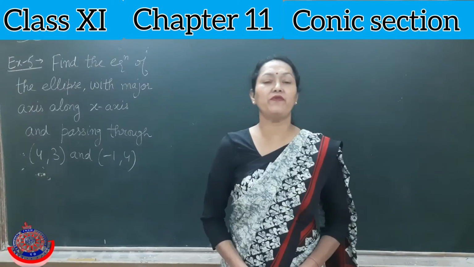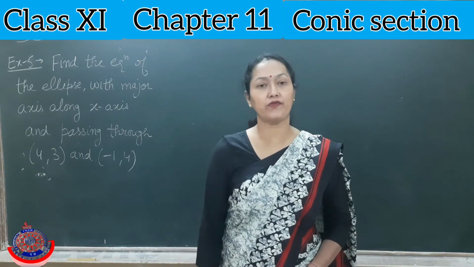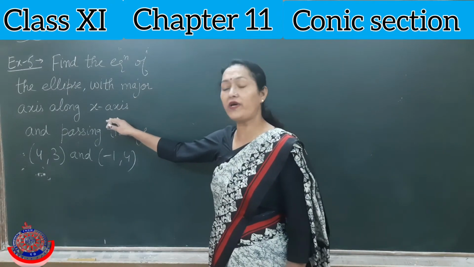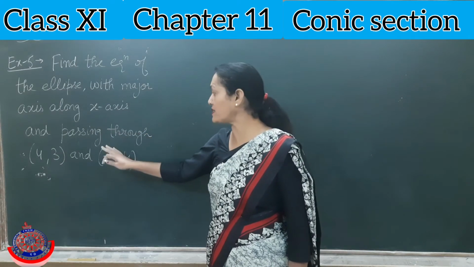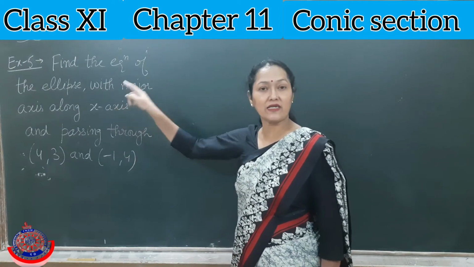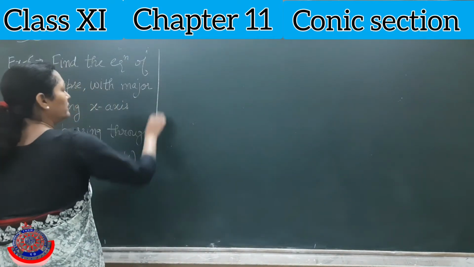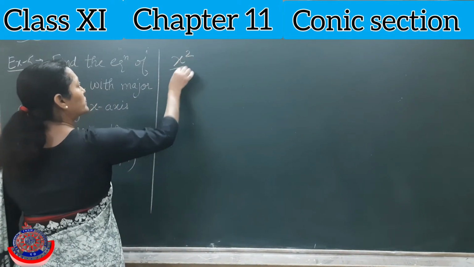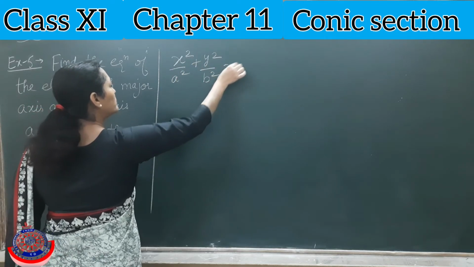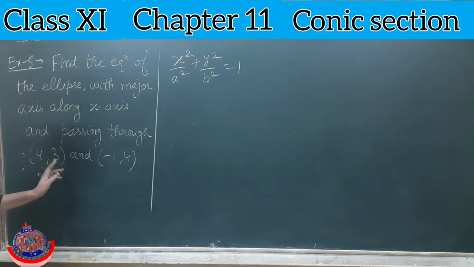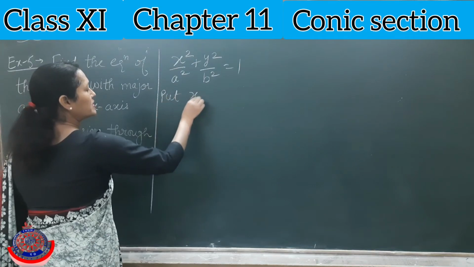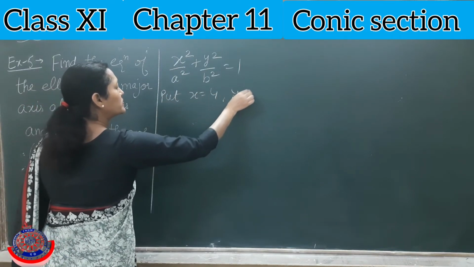Number 5, we have to again frame a standard equation of the ellipse. Here it is given that the major axis is along x-axis and the ellipse is passing through the given points. Major axis is along x-axis, so the equation will be x square upon a square plus y square upon b square equals to 1. In the first case, put x is equal to 4, y is equal to 3.